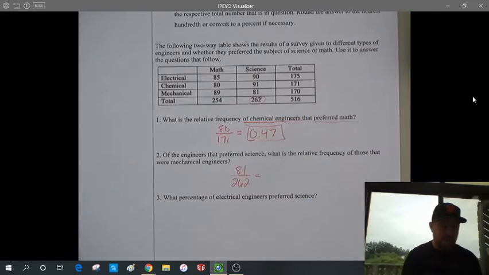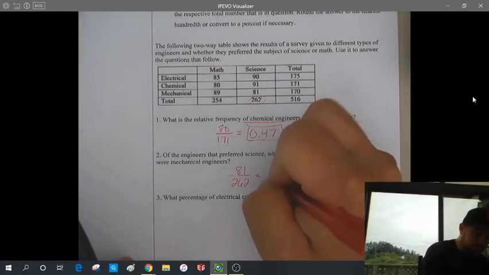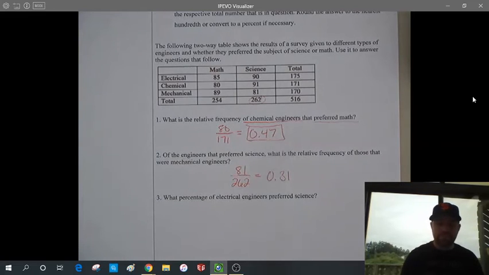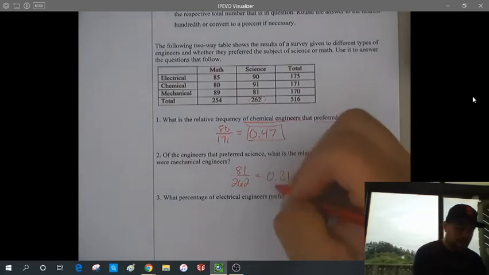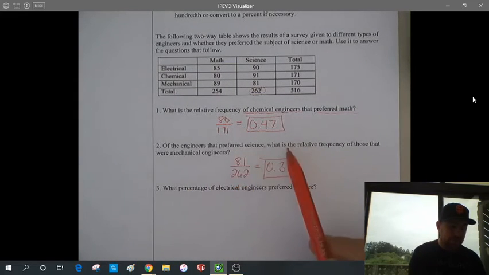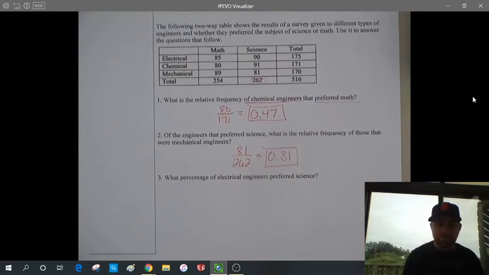To figure out that relative frequency, take 81, divide by 262, and after rounding, you're going to get 0.31. And the meaning of that is 31%. So of the engineers that preferred science, 31% of those were mechanical engineers.